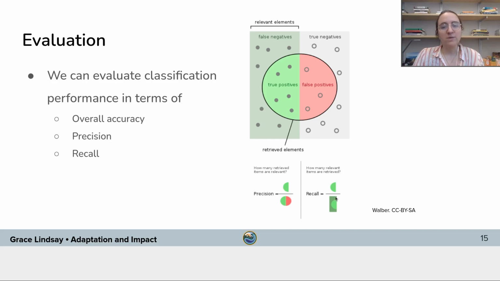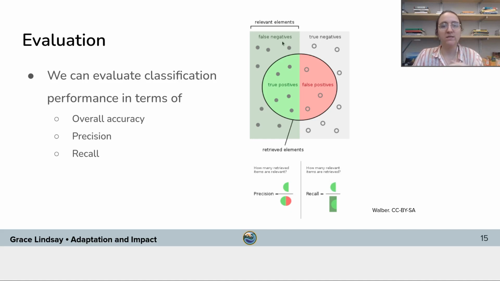Another metric is recall, and this is a measure of how many of the locations that actually contain crops does the model identify as containing crops. So here, the value on the bottom of this fraction is all of the locations that actually contain crops. And then the top of this fraction is the locations that the model identified as containing crops.